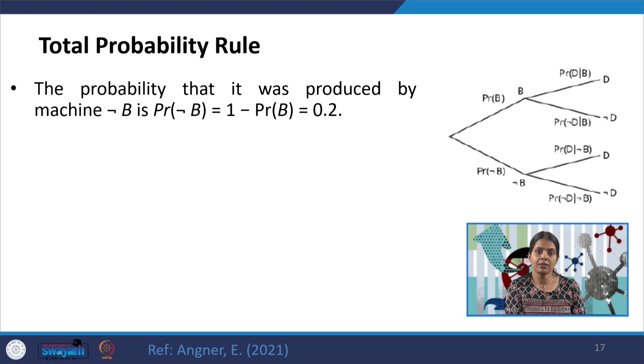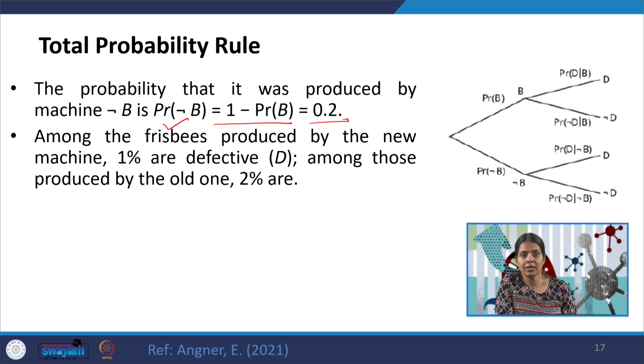The probability that it was produced by machine not B, similarly, would be 200 divided by 1000, or we can also write it as 1 minus the probability of B, which is equal to 0.2. Here we are applying the not rule that we learnt in the beginning. Among the frisbees produced by the new machine, 1% are defective.